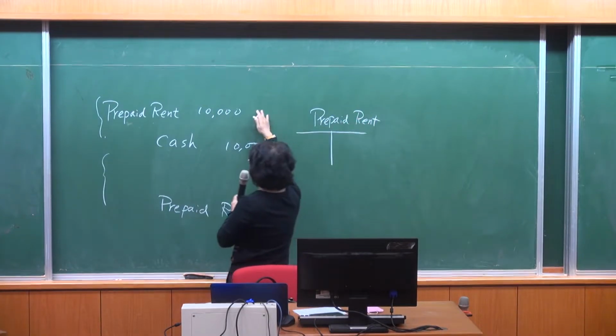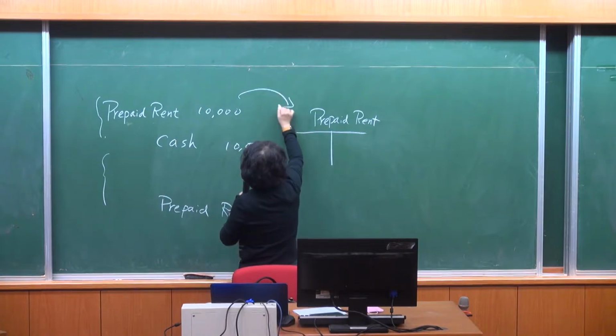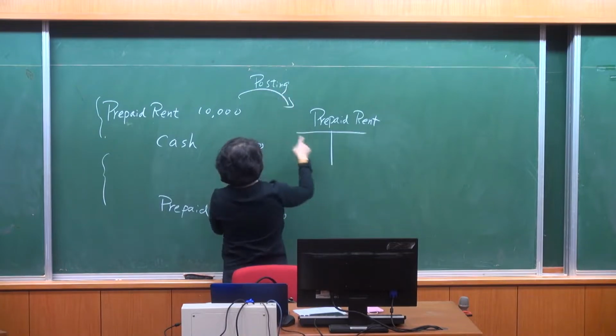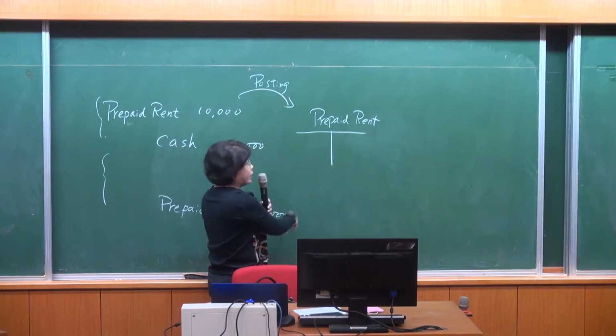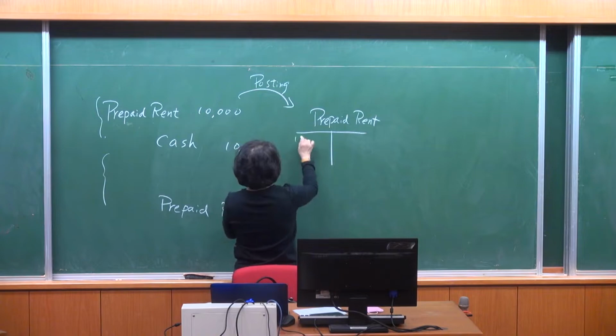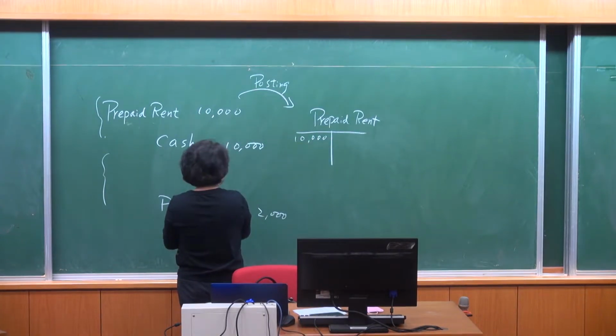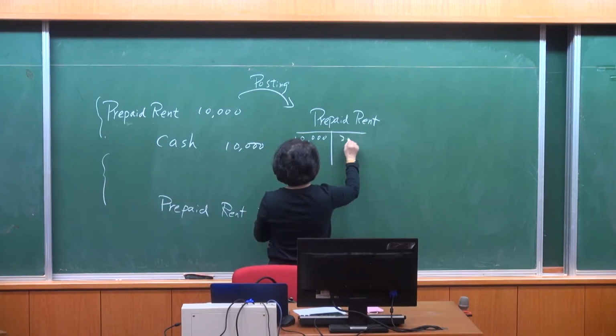Whenever you have an entry, you have to do posting to your individual account. So this is originally $10,000. After you have another entry, go to the credit, 2,000. So your balance goes to 8,000.